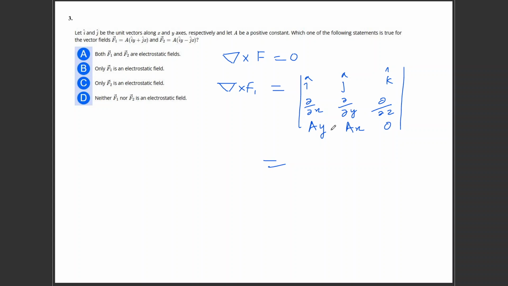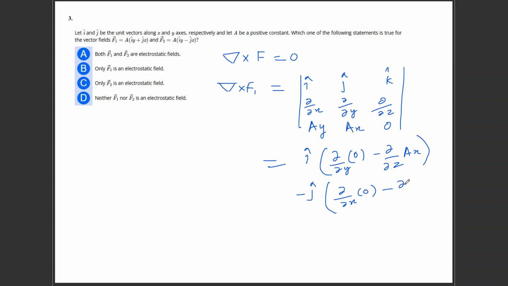So if we evaluate this, you will get i times dou by dou y of 0 minus dou by dou z of ax, minus j times dou by dou x of 0 minus dou by dou z of ay, plus k times dou by dou x of ax minus dou by dou y of ay.